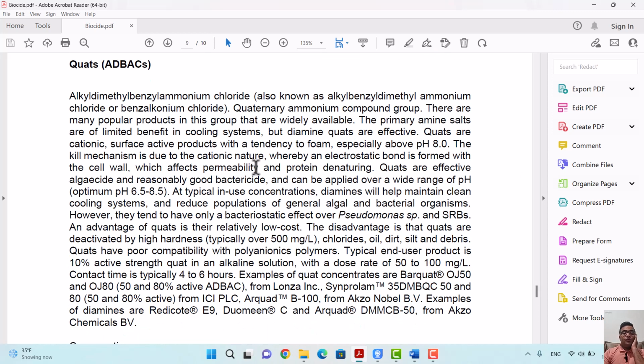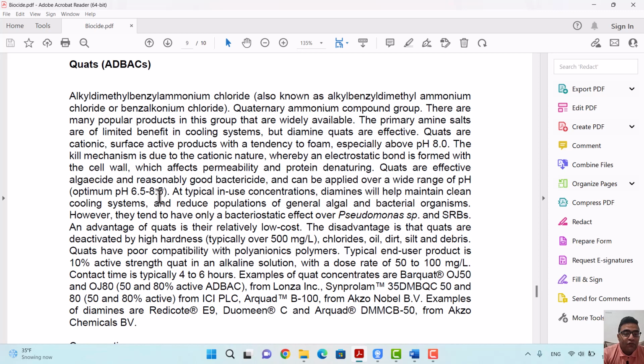So, to wrap it up and summarize, quats are benzalkonium chlorides. The most effective type of quats are diamine quats. They are effective against bacteria with an optimum pH of 6.5 to 8.5.